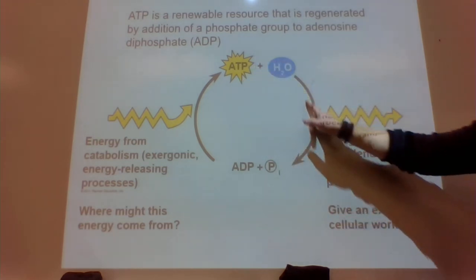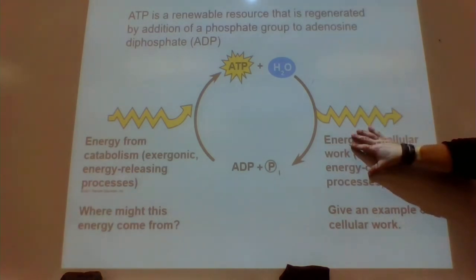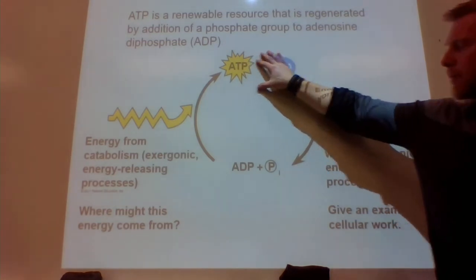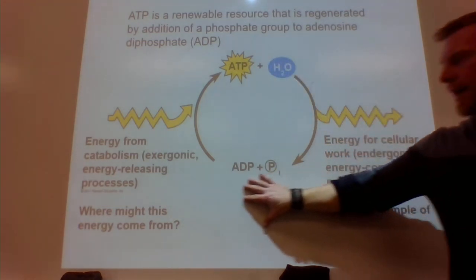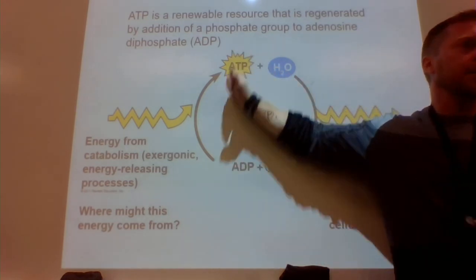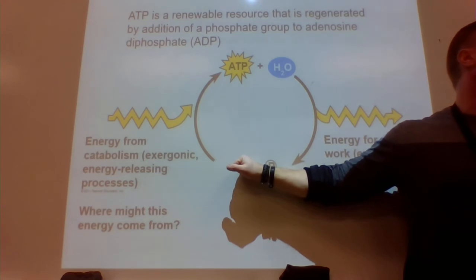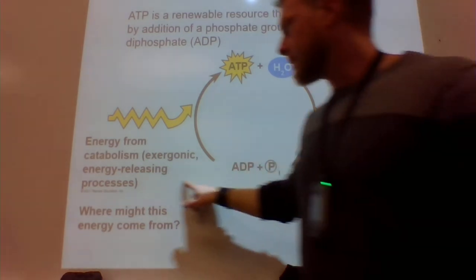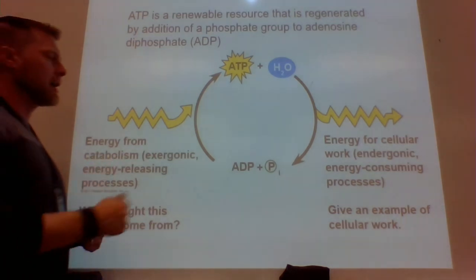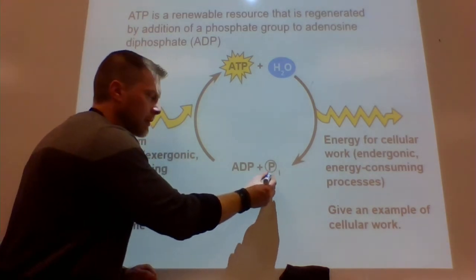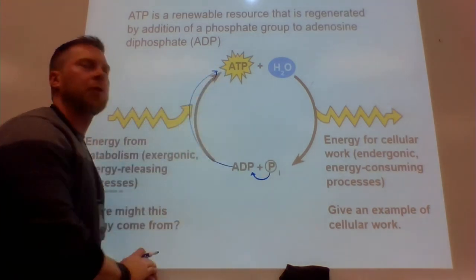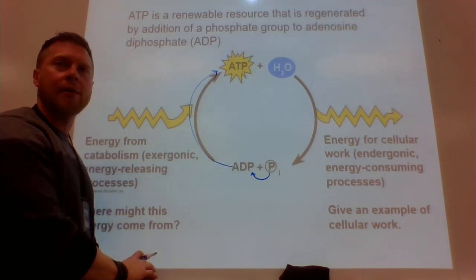So ATP is going to provide the energy for all cell work. And once ATP powers the energy, what you're left with is ADP. So this is like your full battery. This is like your empty battery, right? So then it says here, energy from catabolism is used to take the phosphate group and add it back to ADP to regenerate ATP. Do we all see that?